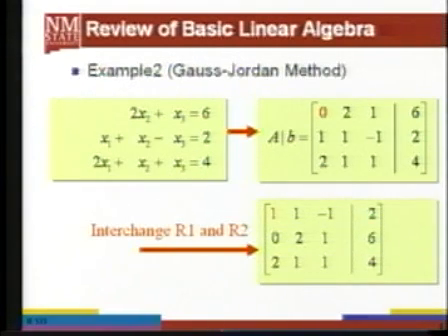However, right after we exchange row number 1 and row number 2, we may proceed as usual with the Gauss-Jordan method, right? So in this way, we could use type 3 elementary row operation.